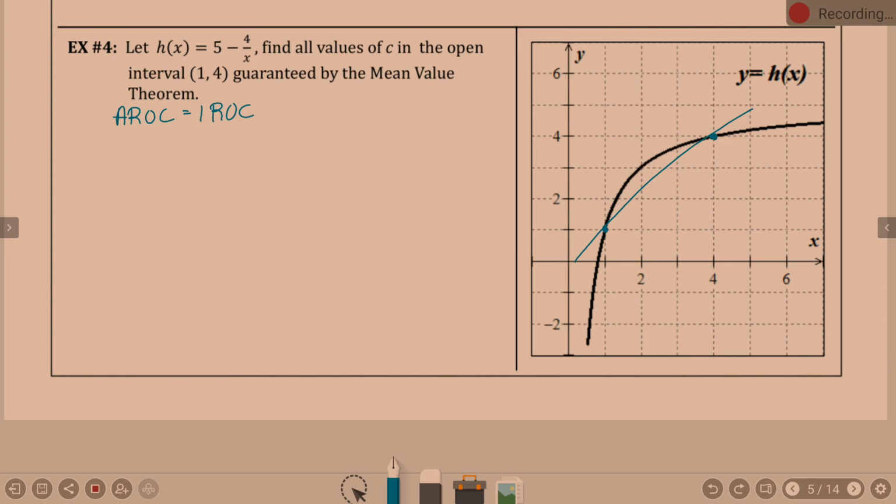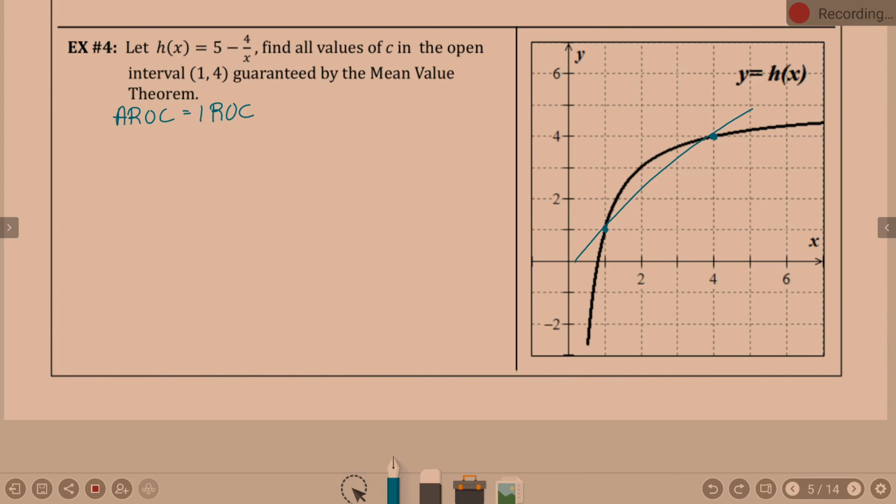And here's the deal, guys. Is there going to be something that works? Yeah, it said find all values of c. There's definitely going to be something there because you can see there's going to be a parallel line here, isn't there? At what exact value? 2, 3. We can guess it's going to be there. We'll find that for sure in a moment. We did a lot of guessing and got good at that yesterday.